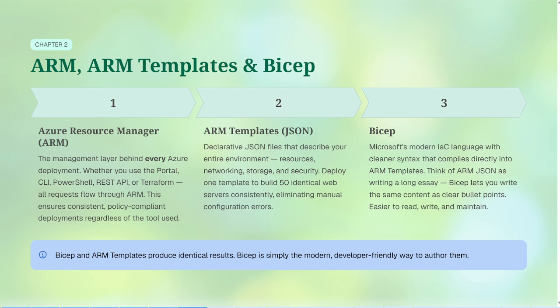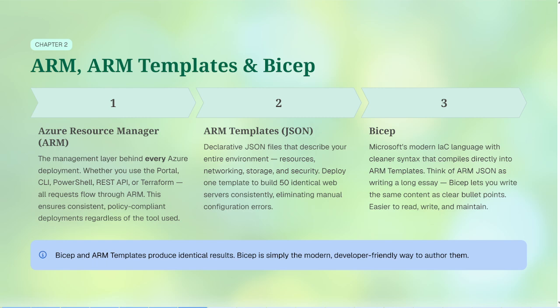Imagine your company has three different teams. The cloud administrator creates resources through the Azure portal. The DevOps engineer deploys infrastructure using Azure CLI. The automation team uses Terraform. Although they use different tools, every deployment is sent to Azure Resource Manager.